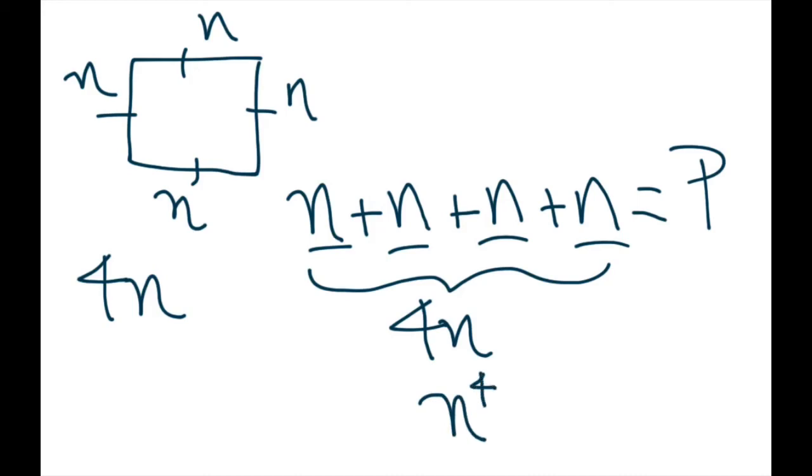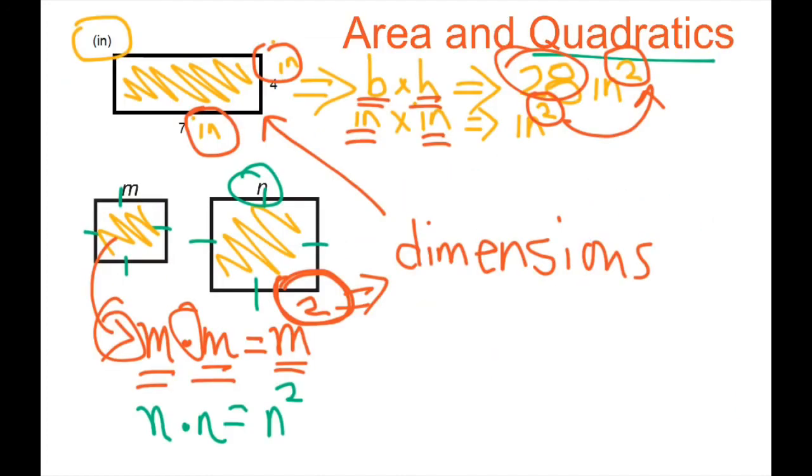N to the power of 4 means n times n times n times n. Okay, so perimeter is I'm adding. Area is when I am multiplying.